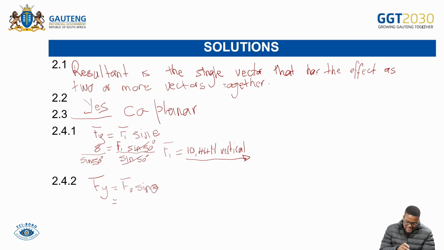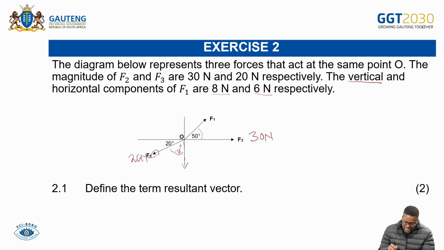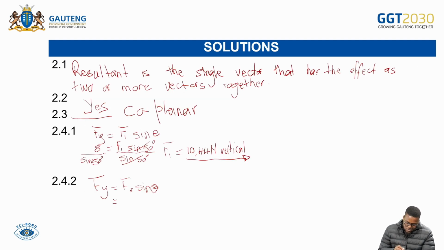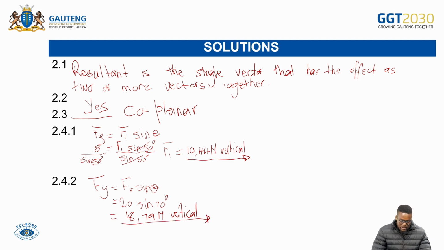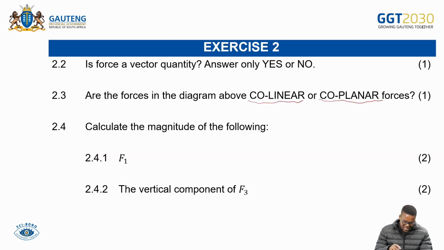What is our F3? Our F3 is equal to 20 newtons. So you've got 20 sine 70 degrees. 20 sine 70 is going to give you 18.79 newtons vertical. So your answer will be 18.79 newtons vertical. Maybe let's go to 2.4.1 and see if we have done everything correct.